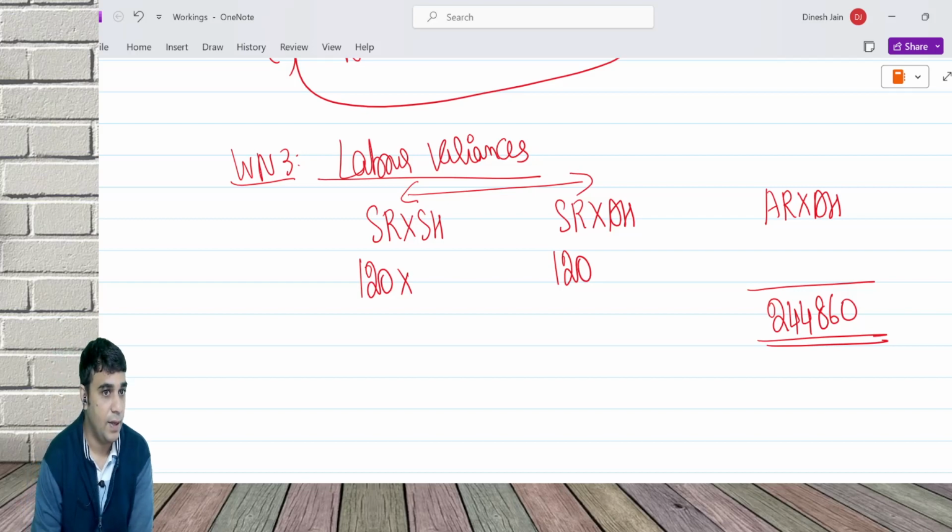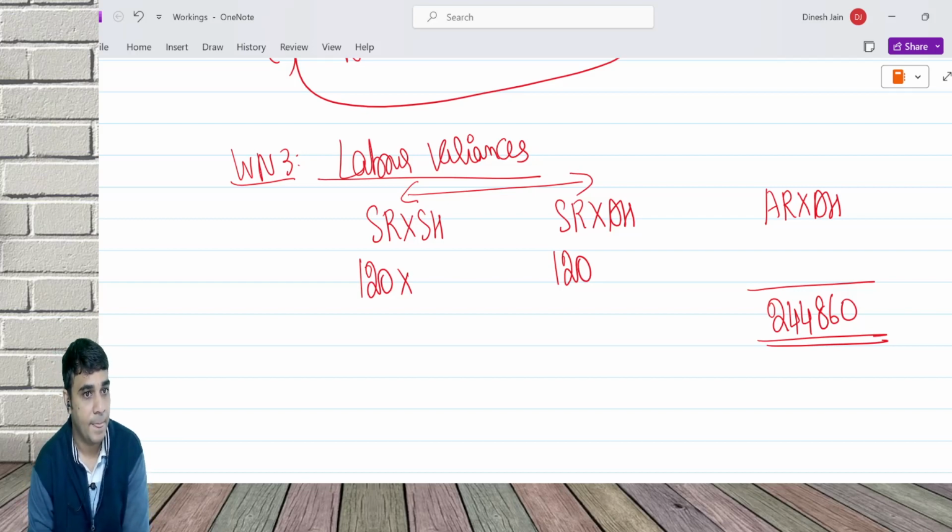Rate variance part is not there in the question. So what should I do? Let me know what can be the approach. How should we proceed?